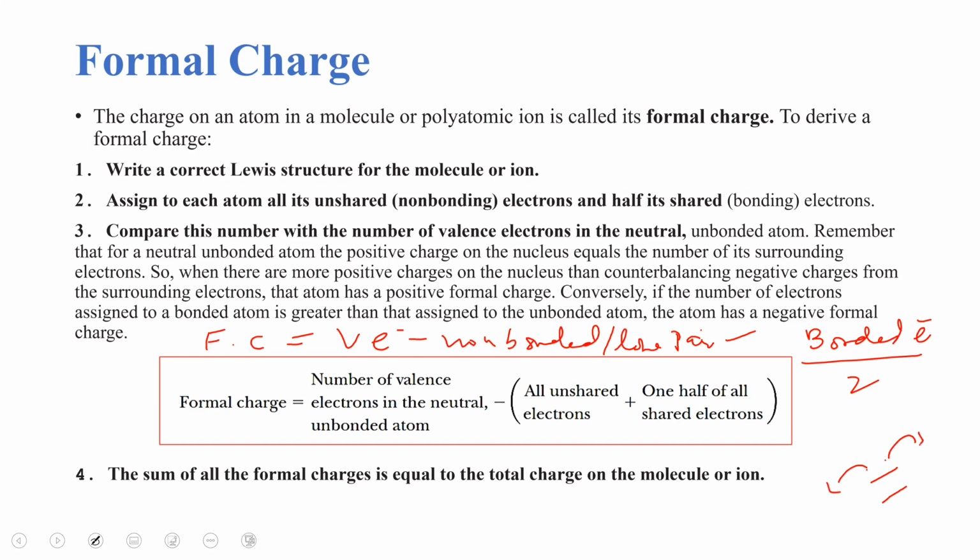So for calculating that particular atom's share, we write the total number of bonded electrons and divide by 2 to get the share of that atom. The fourth point is that the sum of all the formal charges is equal to the total charge on the molecule or ion. We will practice this now, and you will be able to understand this completely.